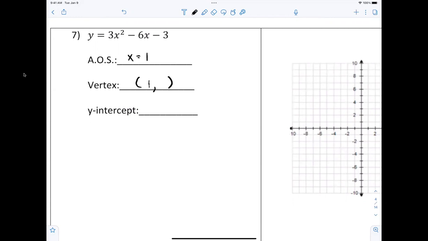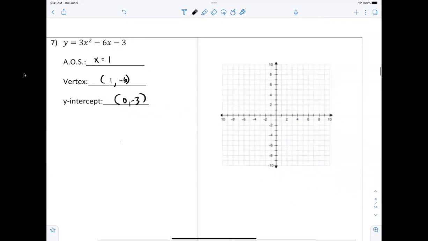Anybody else say -6? Vertex. I'm sorry, the y-intercept. Well, I just don't think that's that hard, guys. So graph the axis of symmetry x equals 1.